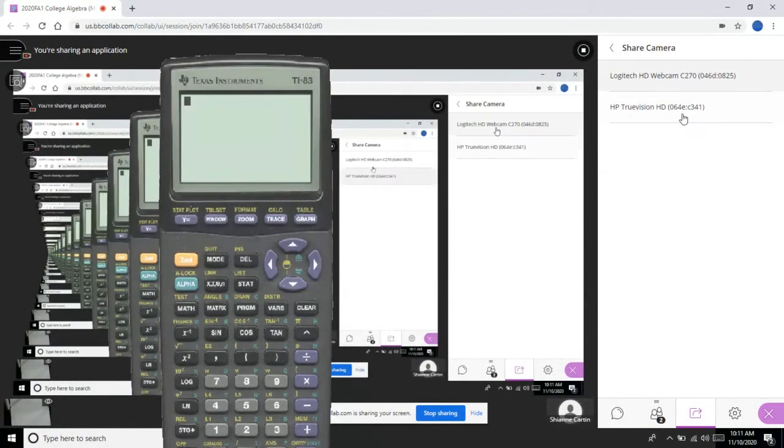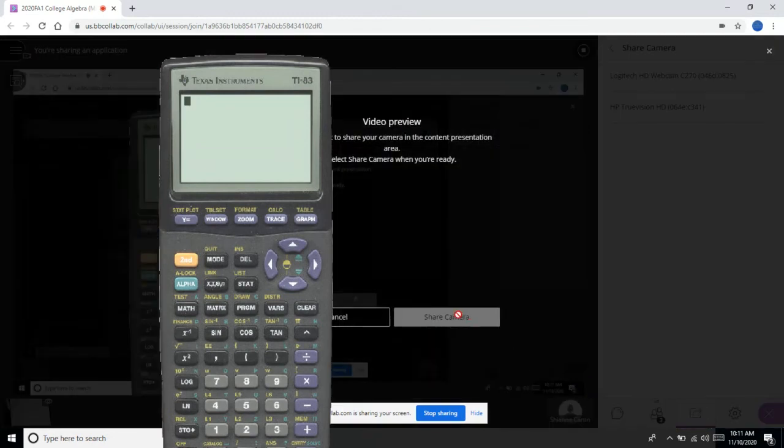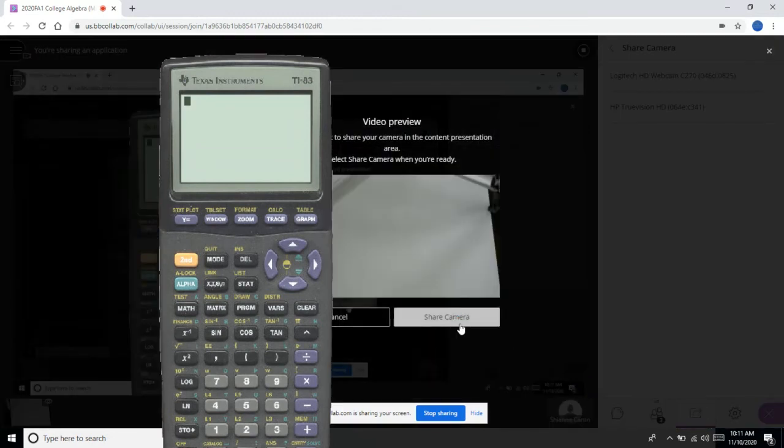All right, so I'm going to go back to our shared camera. And we're going to take a look at this first formula, which was the product rule.